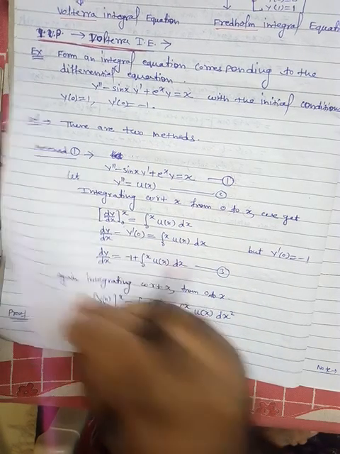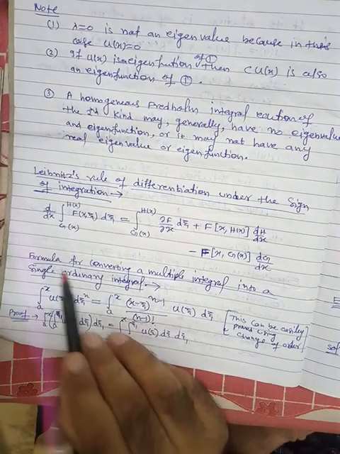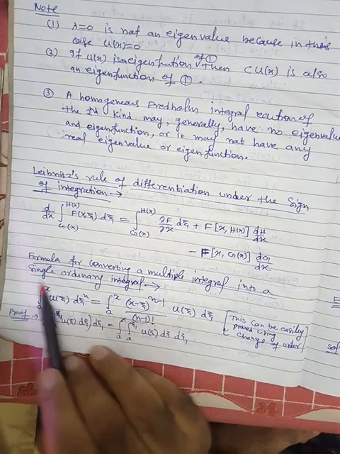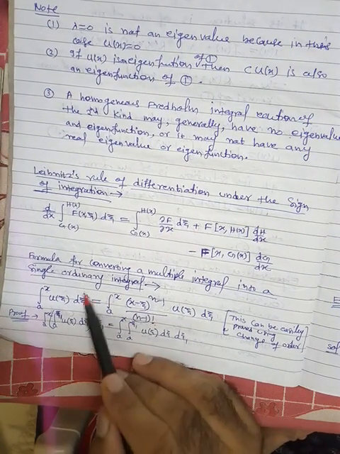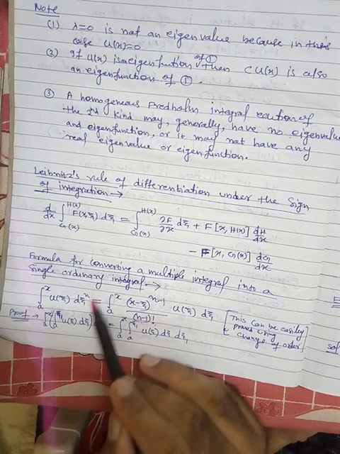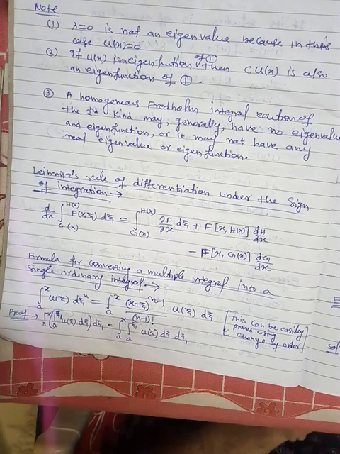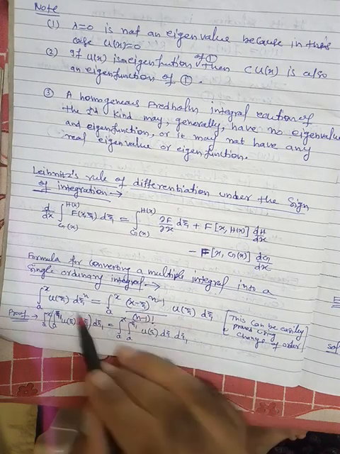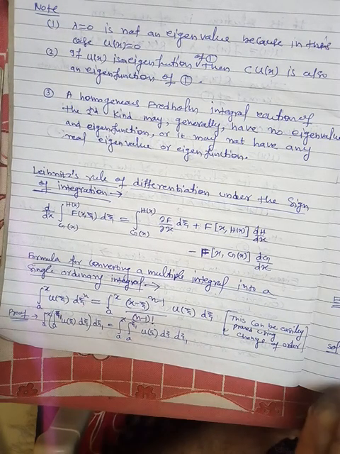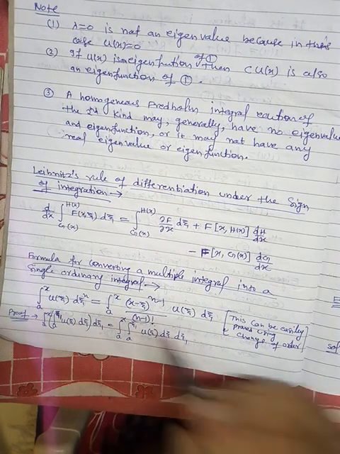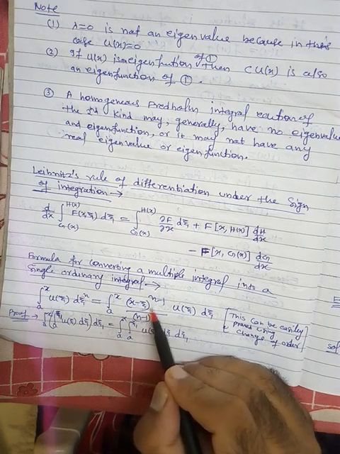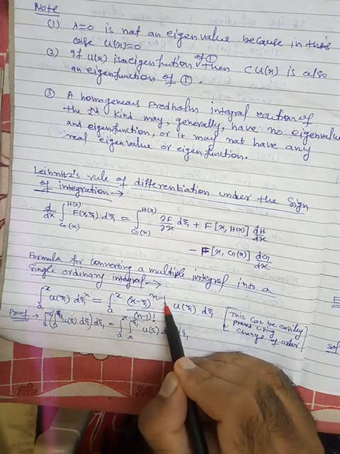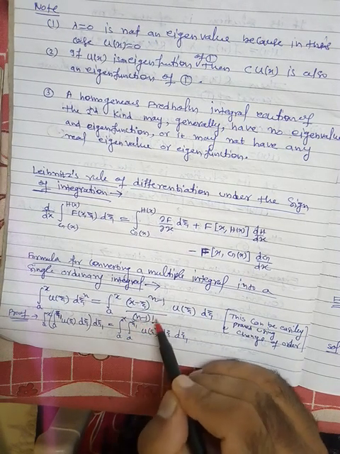Now we will apply this formula for converting a multiple integral into a single integral. Here n is 2 in our case, a is 0. Here x minus xi, in place of xi we have t, our variable is t. So (x minus t) raised to the power 2 minus 1, divided by (2 minus 1) factorial.